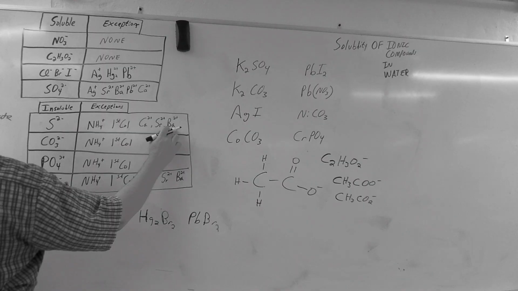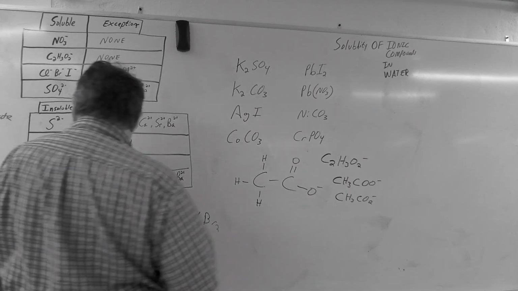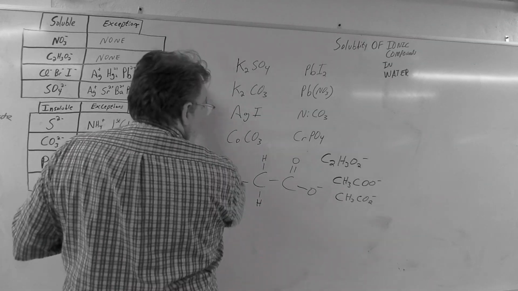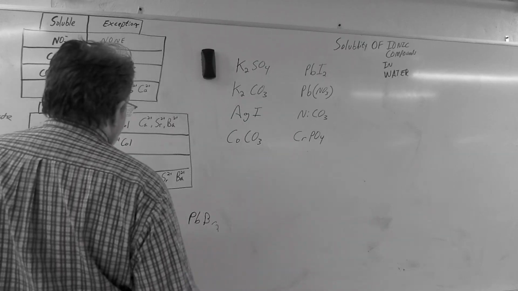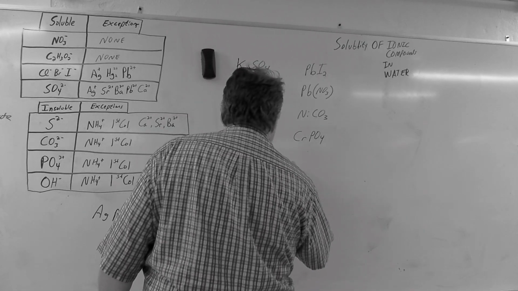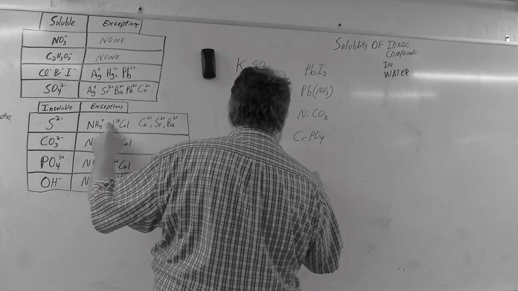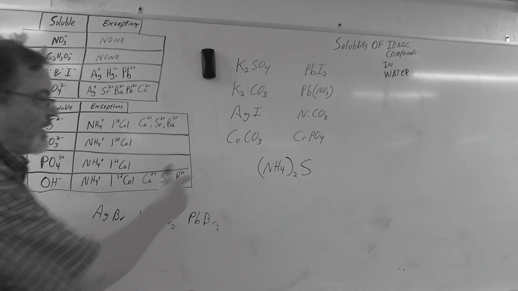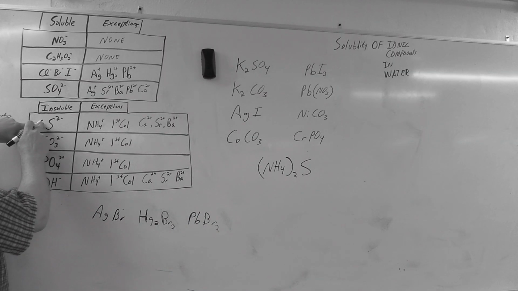Those 3 more are right here. So they're in the second column, Ca, Sr, Ba. So the point is, NH4, there would have to be 2 of them because it's plus S. If I ask you whether or not that's soluble, you look around in here and you find the S and you go, okay, anything with S is insoluble except for these.